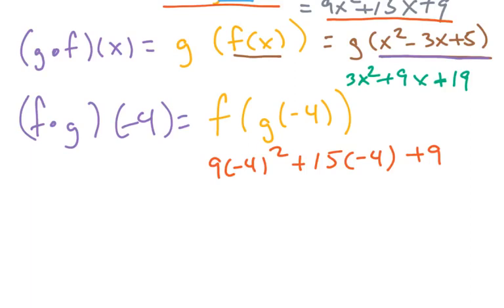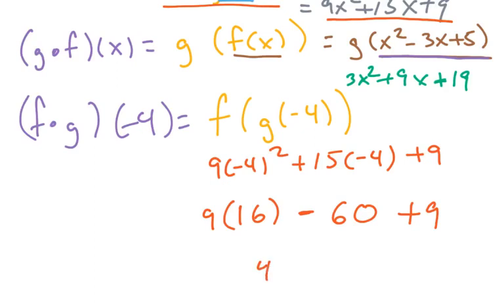So negative 4 squared is 16. So this is 9 times 16. 15 times negative 4, just think of a clock. A clock is 60 minutes if you go around once, but if you divide it into 4, each one is a 15-minute increment, plus 9. So 9 times 16 is what?